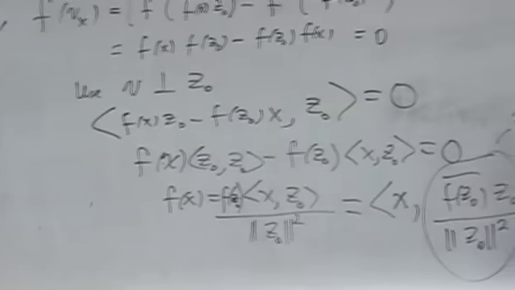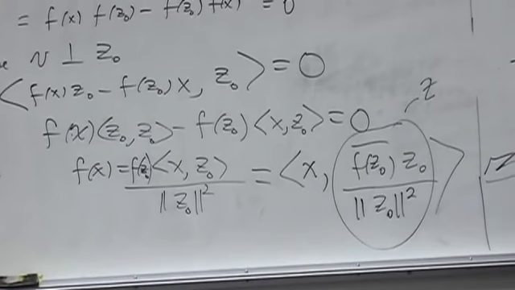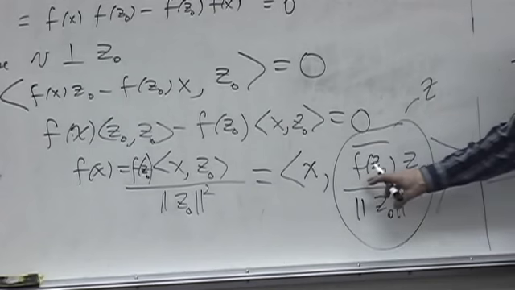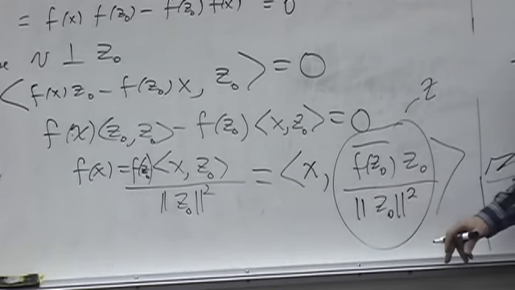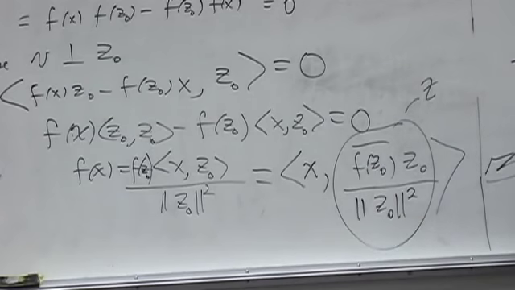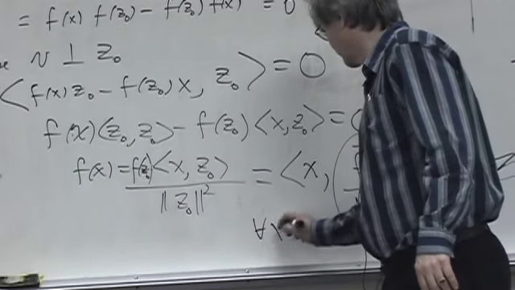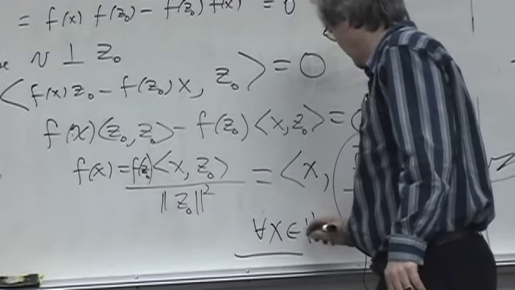I have to get the right size of it anyway. And that is it. It has to involve the f because the norm of this thing has to be the norm of f. So it involves the f as kind of a parameter in the definition of my z. That's it. So there is some representation, okay, for every x in H. That's the end of the proof.